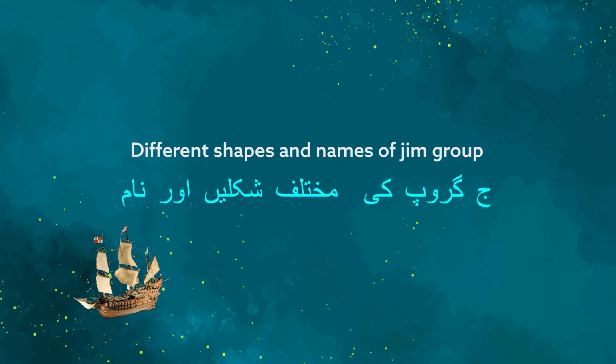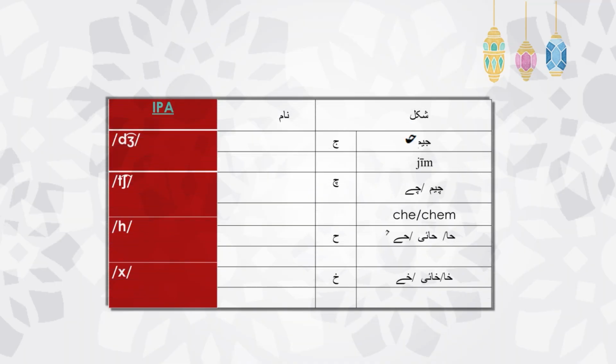We have two forms of this group, that means four alphabets made only three forms, two short forms and one full form.